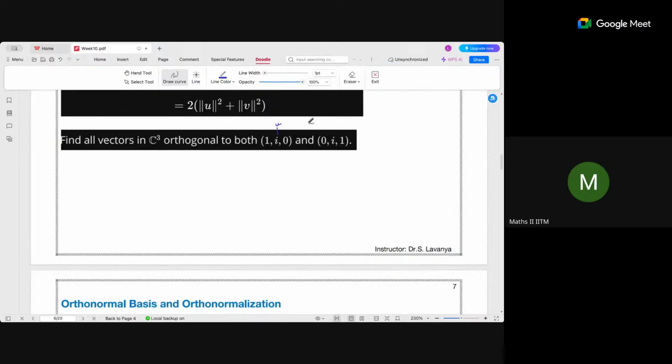So let's call this U and let's call this V. Find all the vectors in C3 orthogonal to both U and V. Let W equal x comma y comma z in C3 such that U is orthogonal to W and V is also orthogonal to W. So what's the first step?